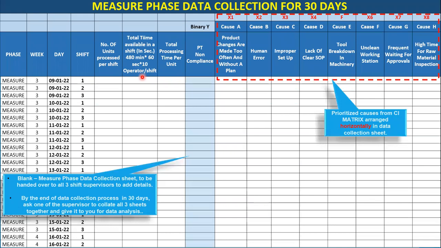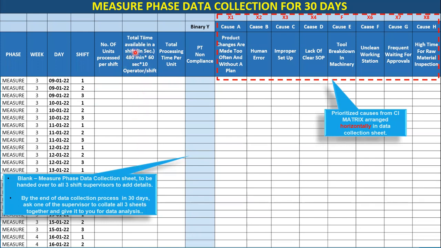And when we have 10 individuals, it is 28,800 into 10, that goes to 288,000. That's the total time available, and this will remain constant in this particular column, right?